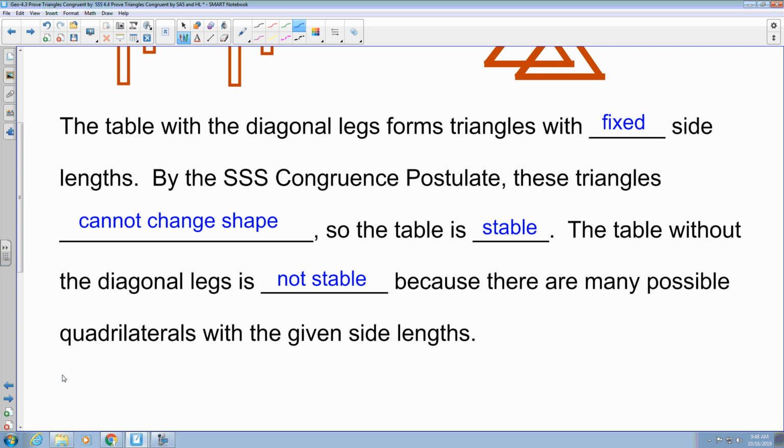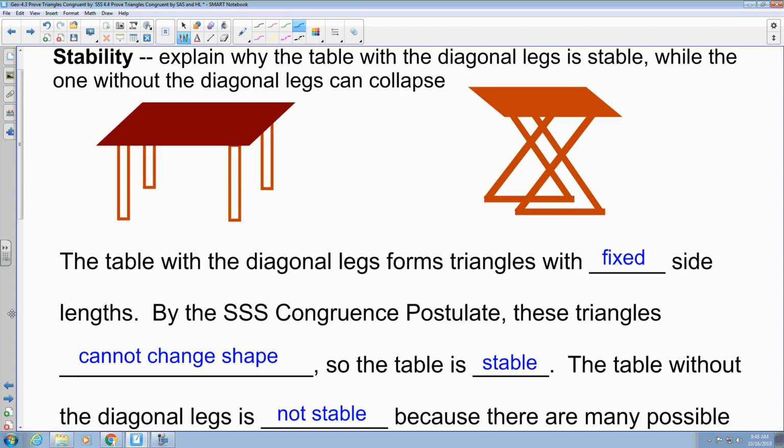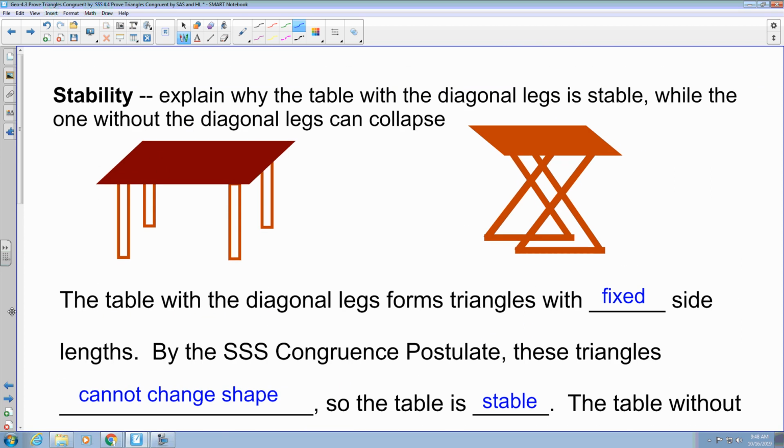Since they cannot change shape, that table is stable. The table without diagonal legs, the one on the left, is not stable because there are many possible quadrilaterals with given side lengths. So it could move and create different kinds of quadrilaterals, not necessarily the rectangle that it appears to be, because there is not that fixed point.